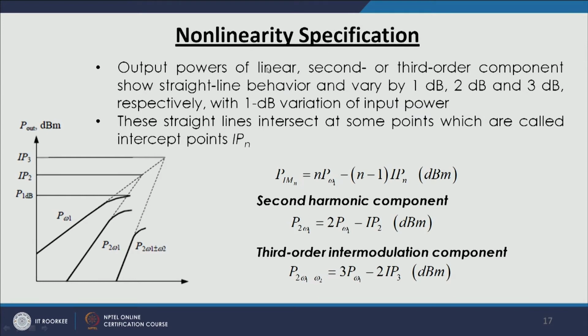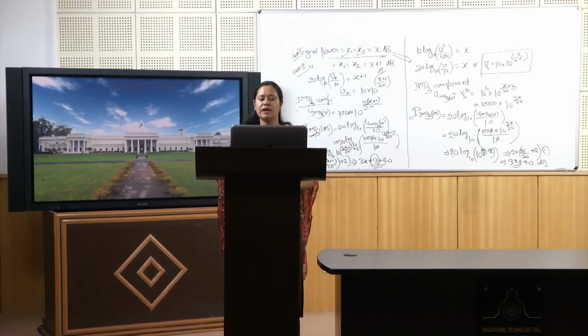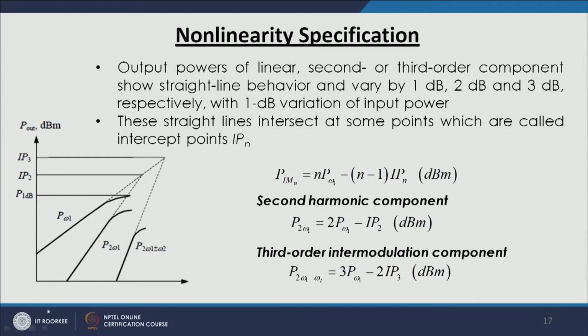For the first order it is 1 dB, for the second order the increase is 2 dB, and for the third order the increase will be 3 dB. So, it represents a straight line because the variation is only incremental there, and it is shown in this way if we are plotting in the logarithmic domain. So, if we plot our input versus output, where this axis is input power in dBm and output power in dBm, then they have a linear relation with respect to each other.